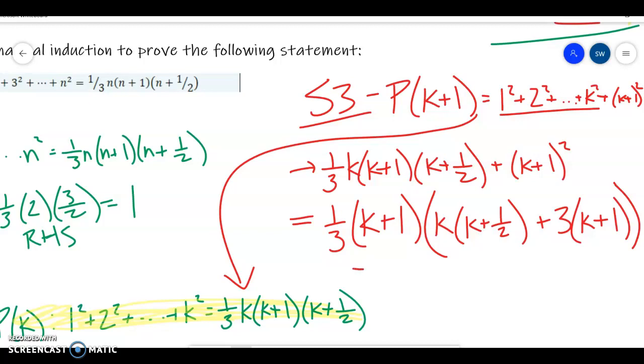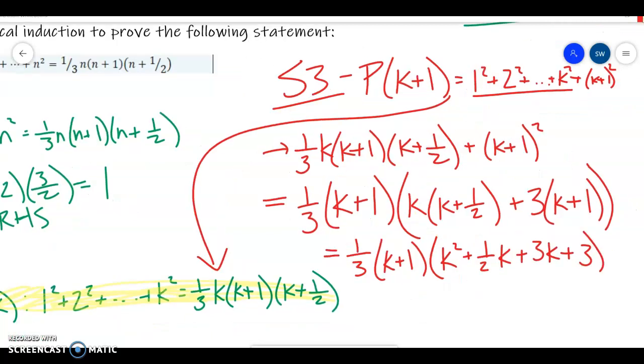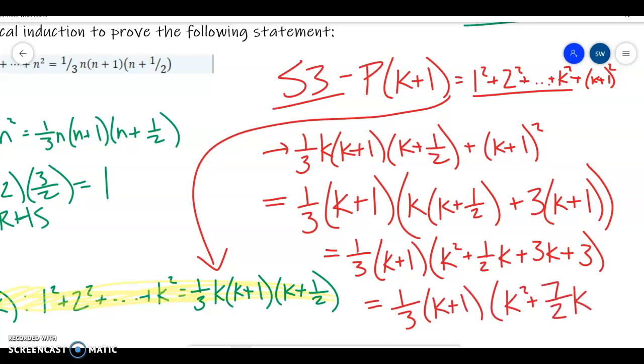Okay, so we're getting there. May not look like it. Let's multiply the big parentheses out. We have k squared plus a half k plus 3k plus 3, and we can combine that a little bit further. We have 1/3 times k plus 1 times k squared plus 7/2 k plus 3.